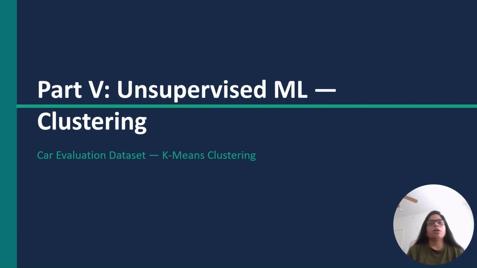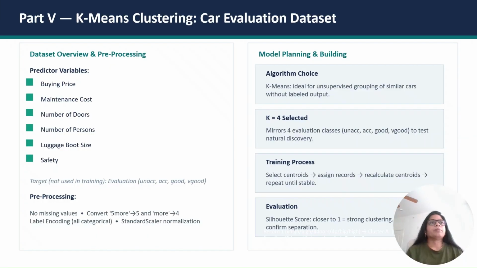Here we have chosen the car evaluation data set, which I am going to discuss in the next slide. For the k-means clustering car evaluation dataset, there are some predictor variables such as buying price, maintenance cost, number of doors, number of persons, luggage boot size and safety. The target variable here is the evaluation variable.